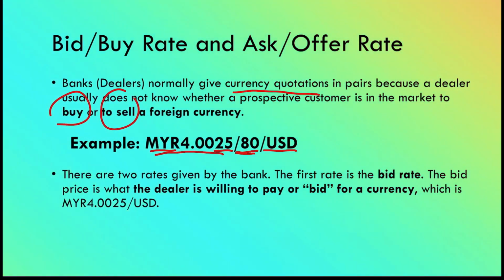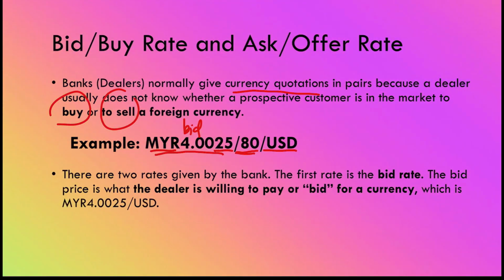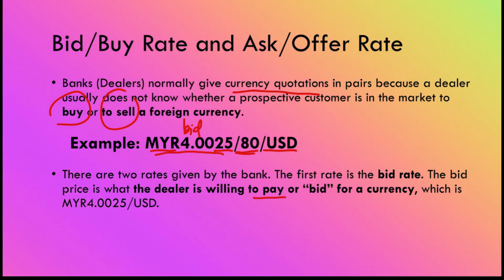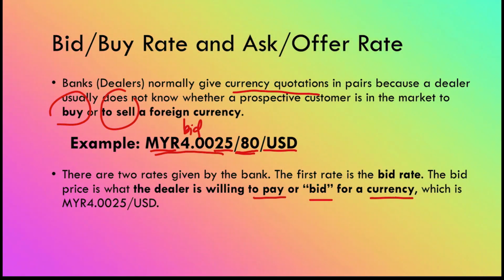The first rate is the bid rate. The bid price or the bid rate is what the dealer is willing to pay or bid for a currency, which is Malaysia Ringgit 4.0025 per US dollar.